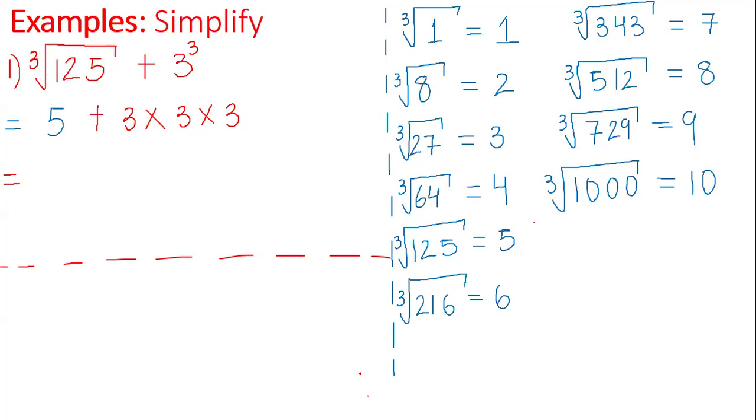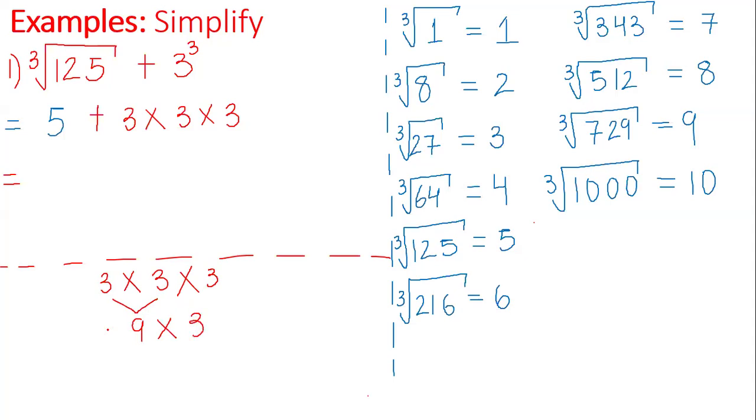So we have 3 times 3 times 3. Well, three times 3 is what? 9. 9 multiplied by what? 3.